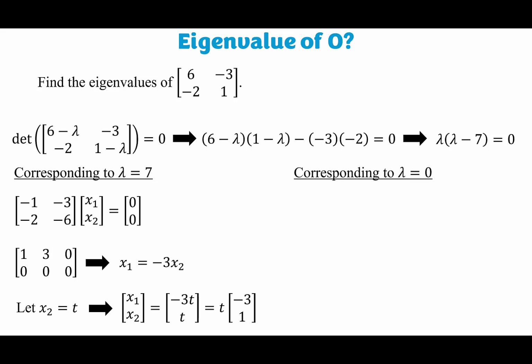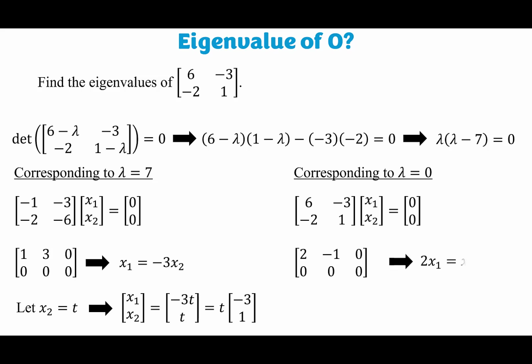All right, corresponding to lambda equaling 0, we solve this equation, and we're subtracting 0 from the diagonal, which just leaves you with the original matrix. We're seeing what x solves this equation, and you get the augmented matrix and reduce it. I didn't go all the way to reduced echelon form just so we don't have to work with fractions again. And we have 2x1 is equal to x2, is what the top row says.